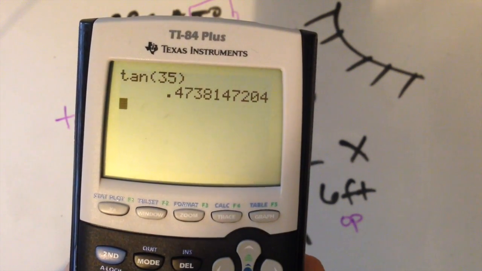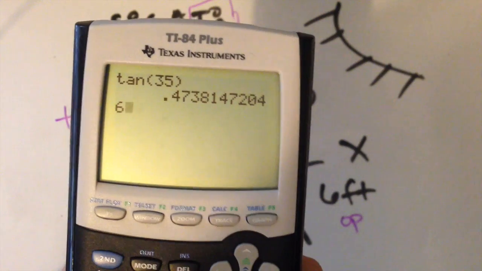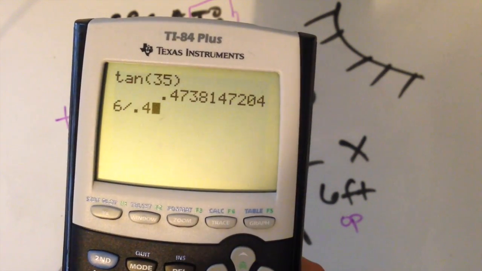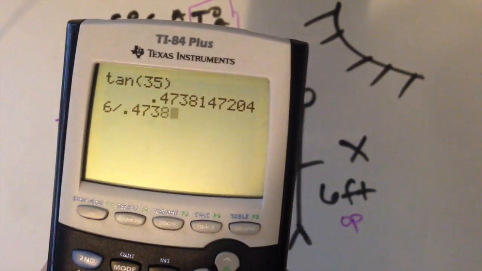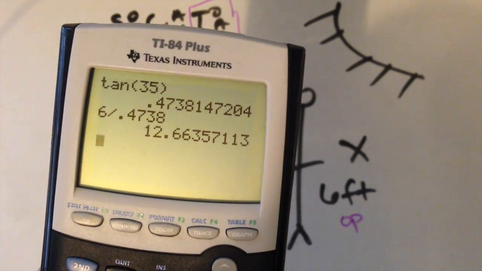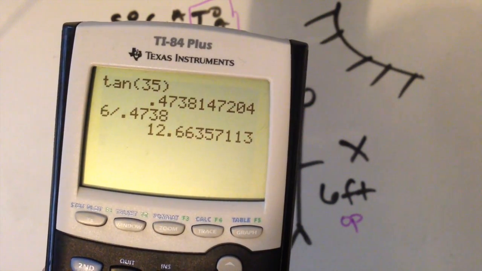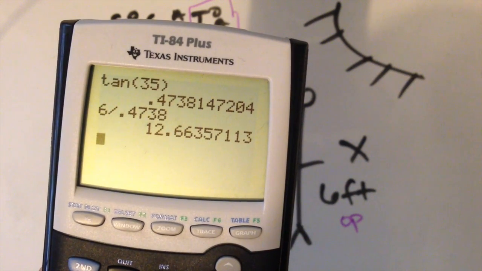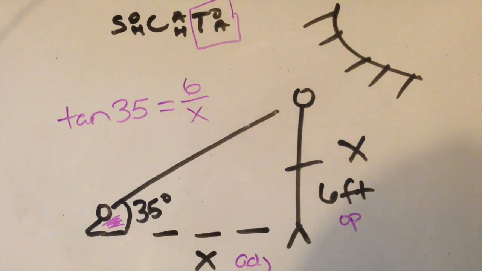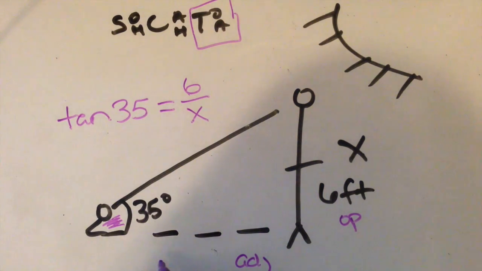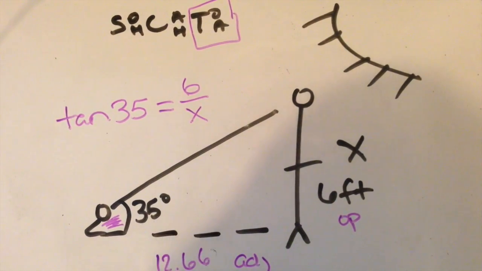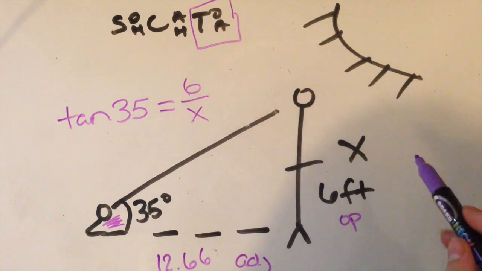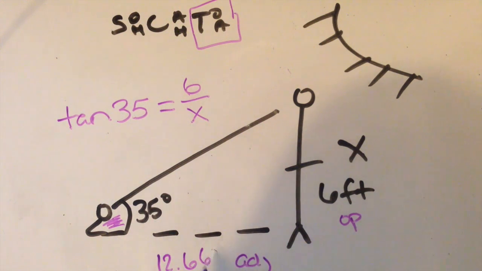And if you know that you have 6 feet, you'll do 6 feet divided by 0.4738 and solve, and this is your answer. The shadow length is 12 feet, 0.6. Now you can change x to 12.66, and based on the angle of elevation and having the height of the person, we were able to figure out the shadow length.